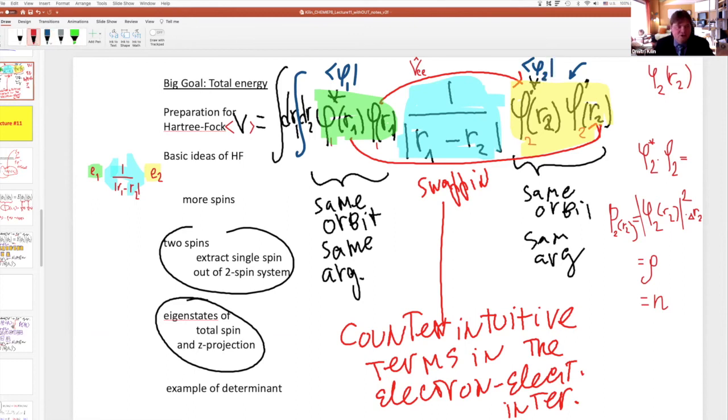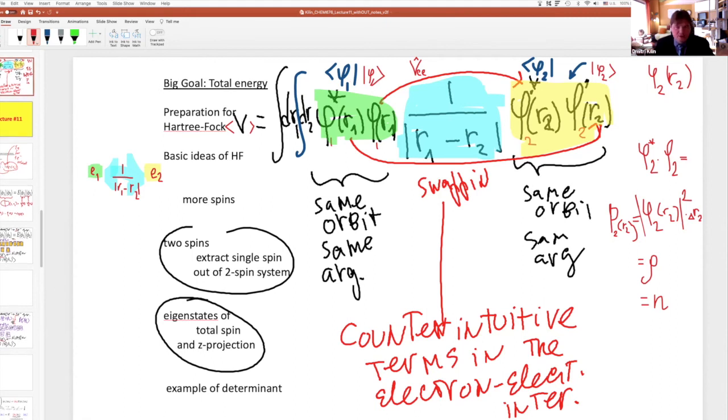And the wave function without star is the ket: phi 1, phi 2. So we have a total of 4 wave functions and 1 operator. Are you okay with this? Yeah, thank you. Good.